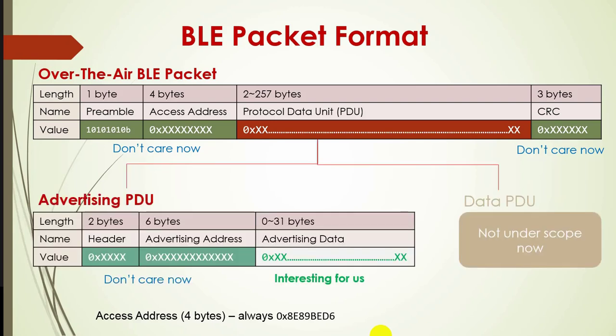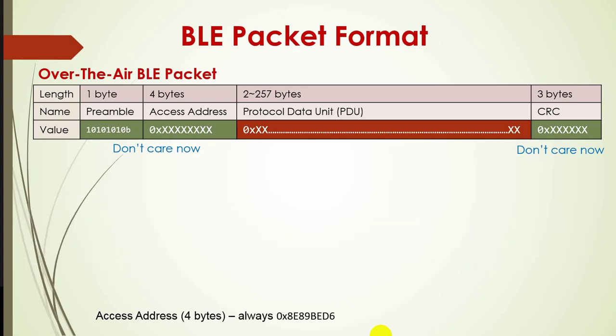Then we have from 2 to 257 bytes of protocol data unit, which we call PDU. Then we have 3 bytes of CRC, which is for error correction.